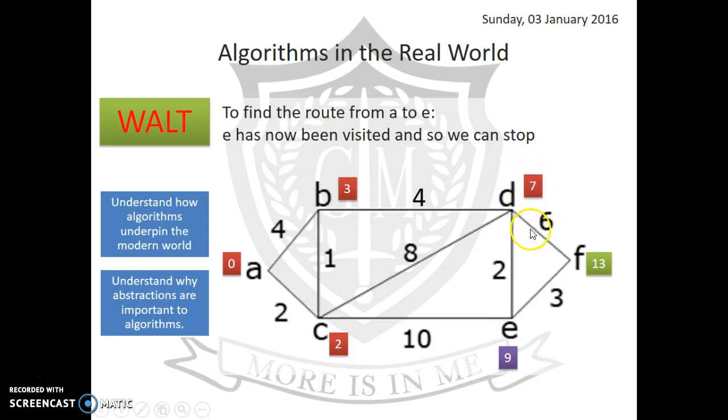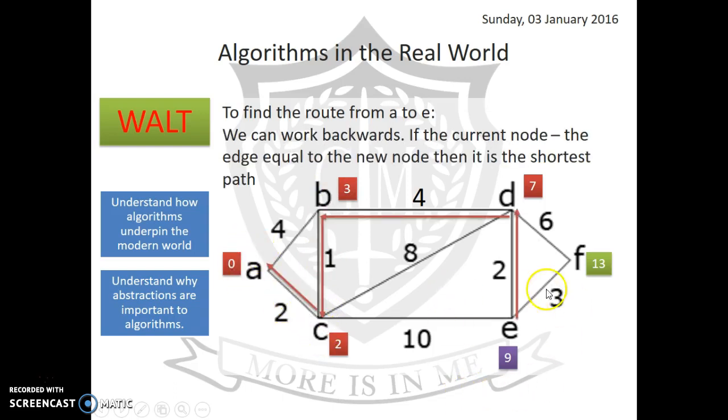In some graphs you'll have more than one shortest path, so you'll have more than one instance of 7, for example. In this case we don't. We get to here, 7 take away 8, well that's not right. 7 take away 4, 3, that's correct. 3 take away 1 is 2, and 2 take away 2 is 0. So there we are, our shortest path found.